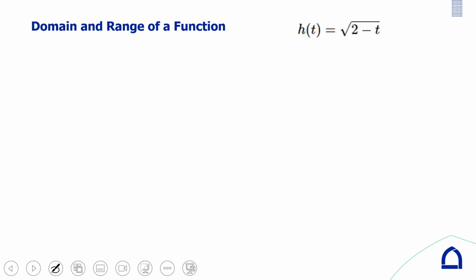Now, also, we avoid having any negative value under the square root. So we move this one to the other side just to get rid of the negative, so t is less than or equal to 2. So for this x, we got 2 here, and we get everything to the left of 2 because t is less than or equal to 2.